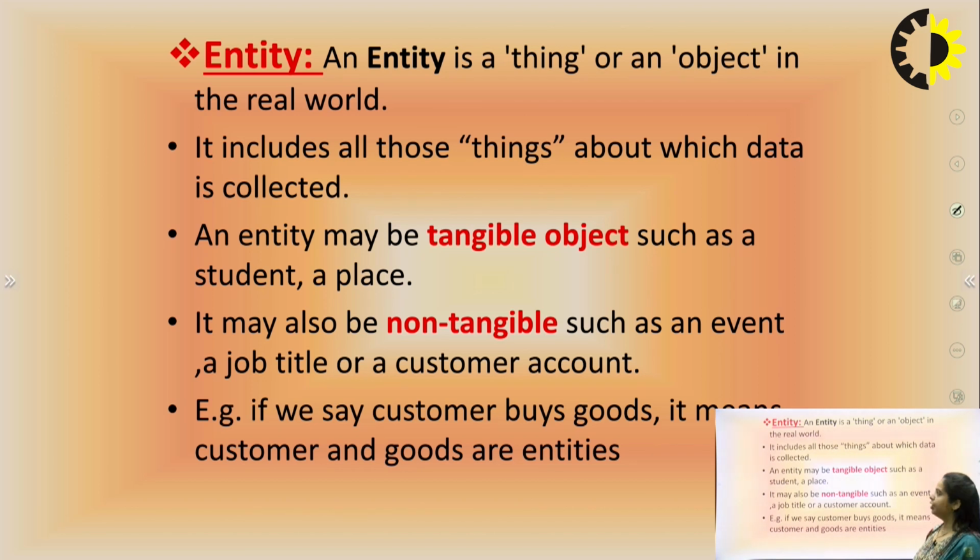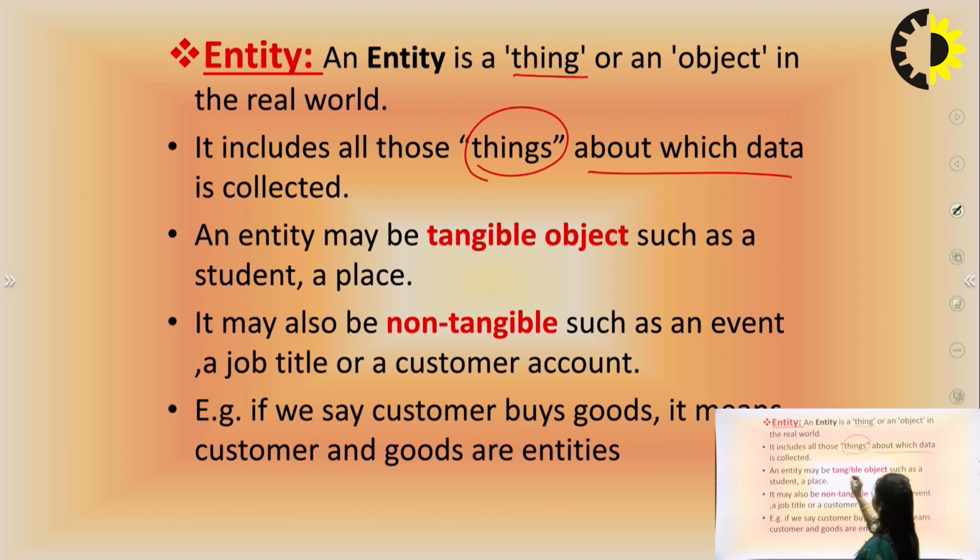Next, we need to understand what an entity is. An entity is a thing or an object in the real world. Anything which can be recorded is known as an entity. Only those things about which we can collect data or record data are considered entities. An entity may be a tangible object, like a student or a place, and an entity may be a non-tangible object, such as an event, a job title, or a customer account.